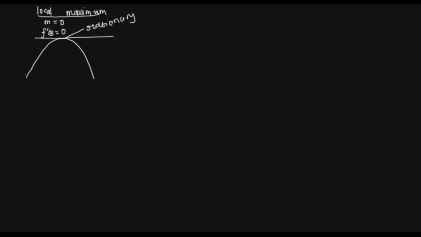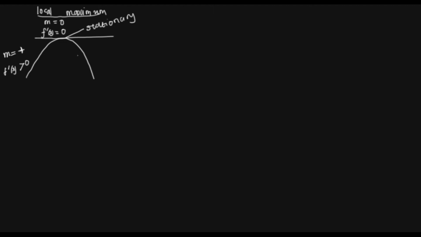Now, to the left side of the stationary point, we have the gradient being positive, or we can just say the first derivative of f of x must be greater than 0.